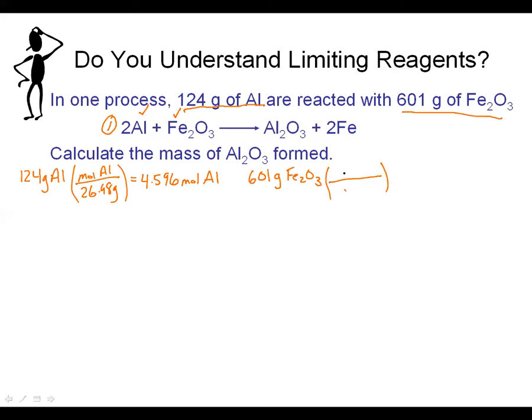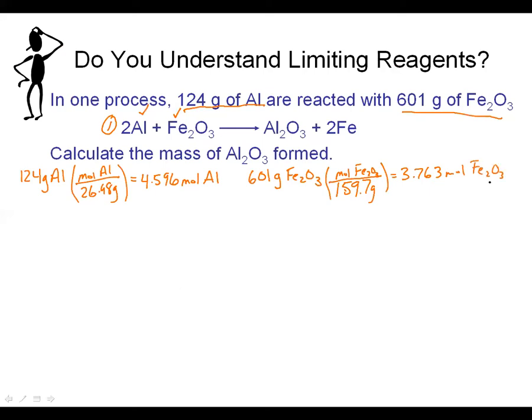Again, from the periodic table is where that number came from. And if we take 601 divided by 159.7, we get 3.763 moles of iron(III) oxide.